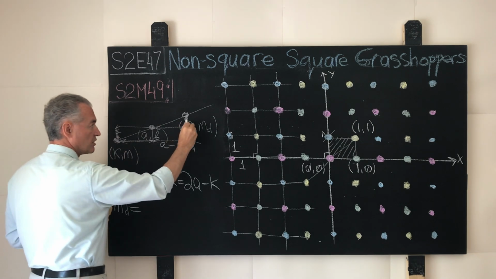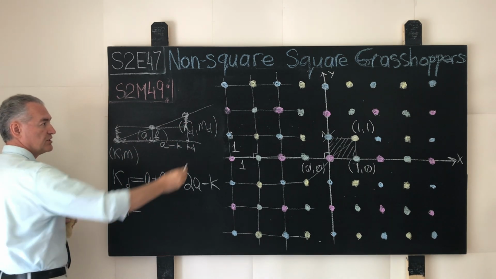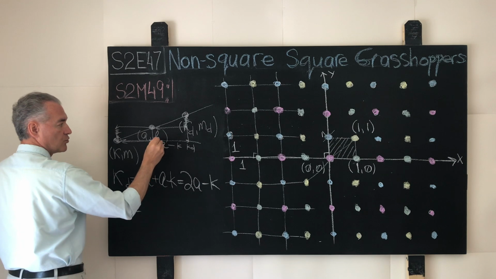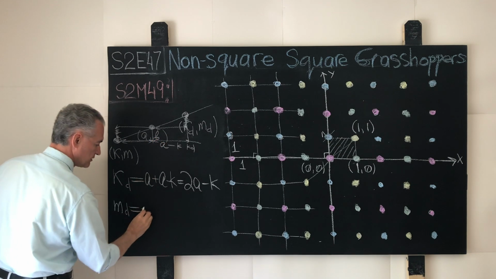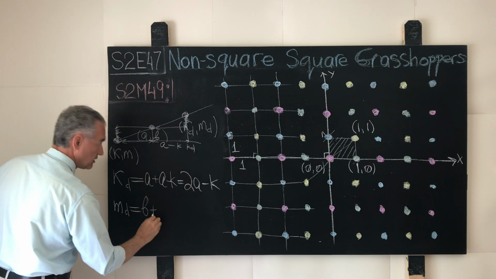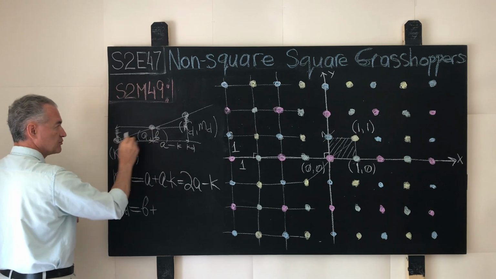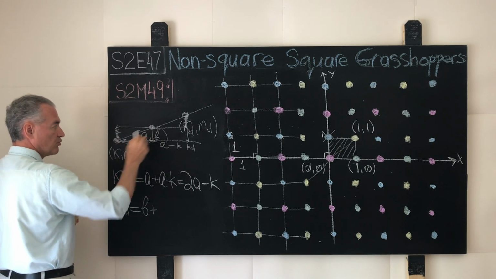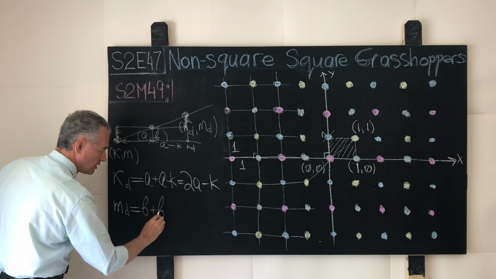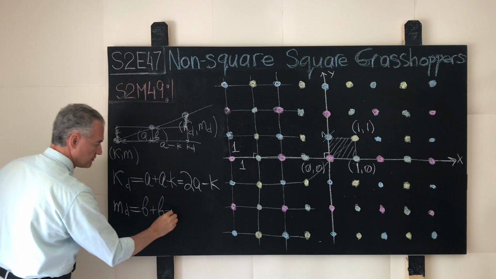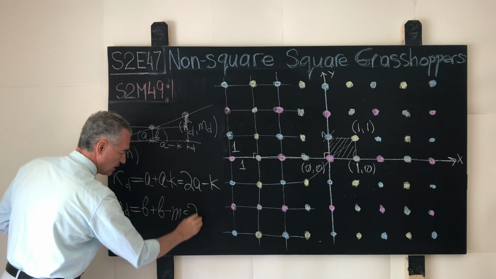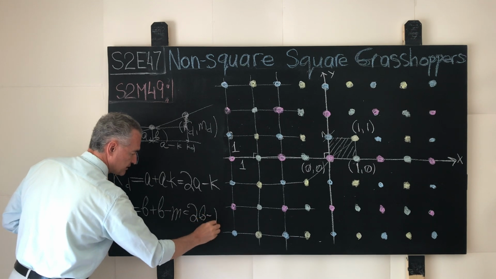These distances are exactly the same. So what is the coordinate md? Well, it's the coordinate b plus the displacement, the vertical displacement of corresponding points with respect to each other, b minus m. So that will be 2b minus m.